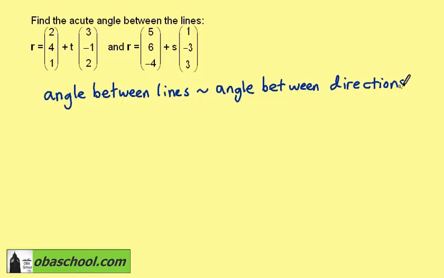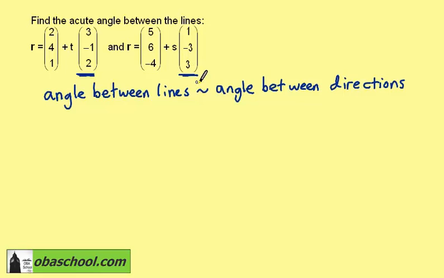The fixed points play no part in this. Therefore, the angle between the two lines will be the angle between the two direction vectors. So we're after the angle between these two vectors.